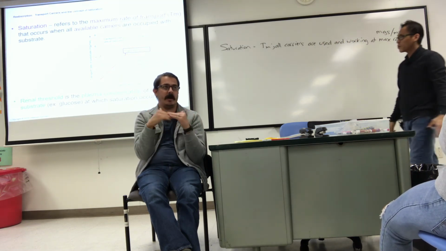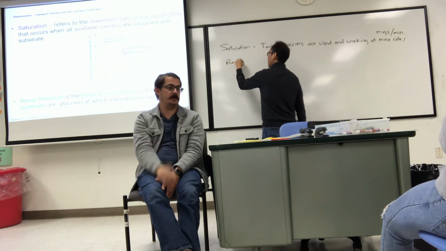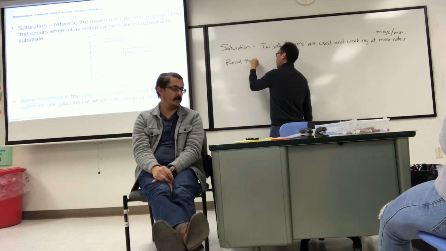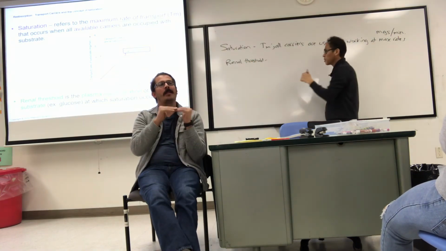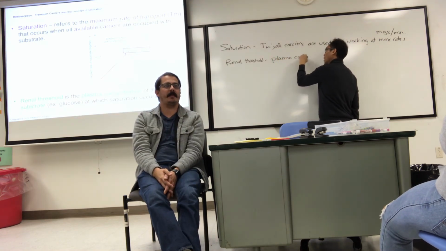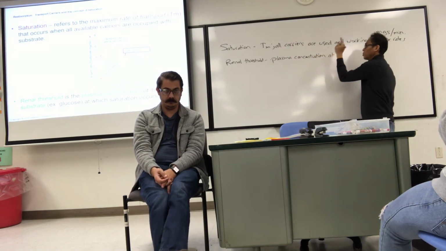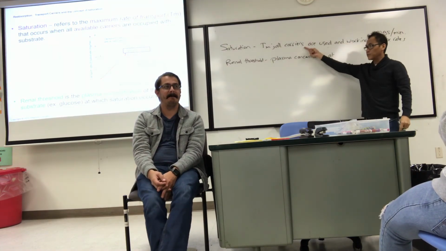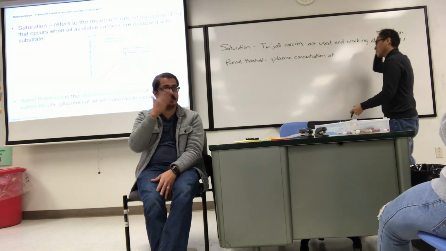Now, renal threshold, that's a blood level. That's a plasma concentration at which you use all the carriers. Okay, the first point at which they're all going to be used.